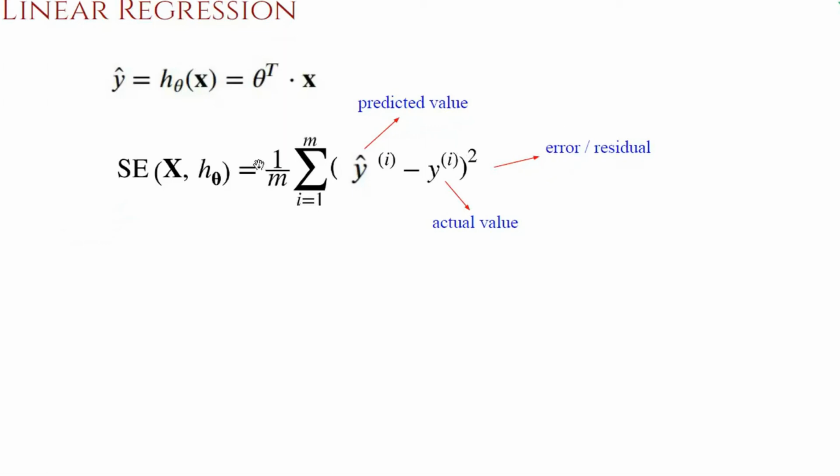They wanted to cancel that 2 in the numerator and in the denominator to keep it simple. That is why this kind of half term is used. Whether you use a half term or not doesn't actually matter. It is only for the convenience of writing the mathematical equation, and it is not going to influence the final result.